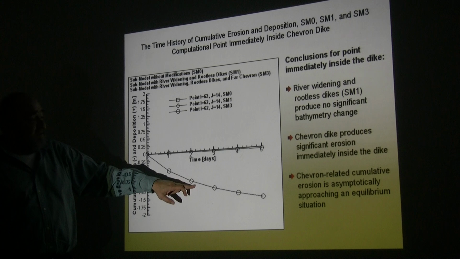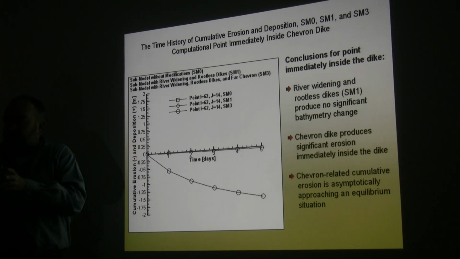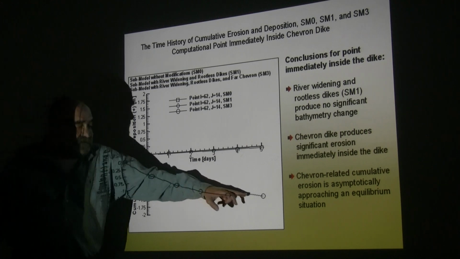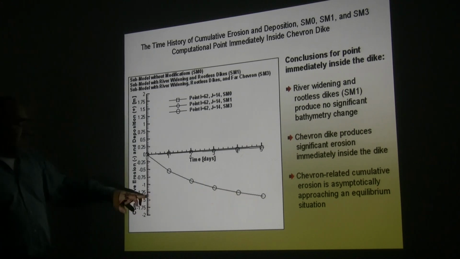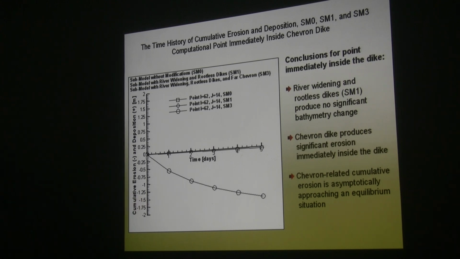When we put the chevron in, then at that point immediately inside the chevron, there is significant erosion. That's that green area from the previous slide, which goes up to 1.5 meters. You saw that that area is relatively small, but it's fairly intensive erosion, and it shows that it slowly approaches, and will in the future approach, some kind of equilibrium.